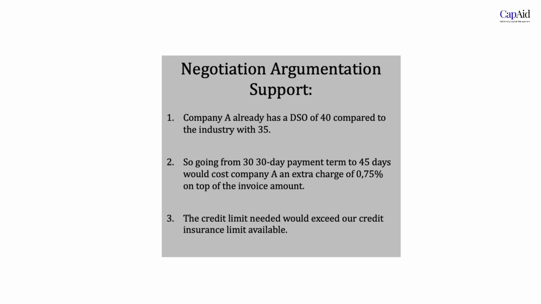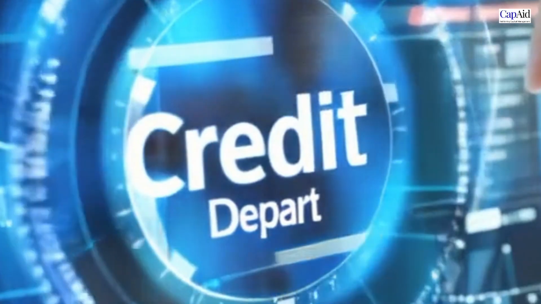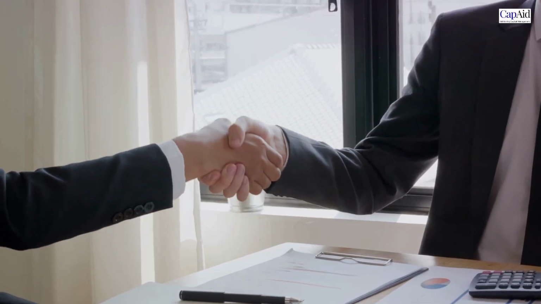This way, you can offer financial theory-based facts to the customer instead of pushing them to accept a particular approach. But if you still cannot reach an agreement, ACE offers additional support by escalating the issue to the credit department for further guidance. When it's time to close the deal, everything is straightforward.